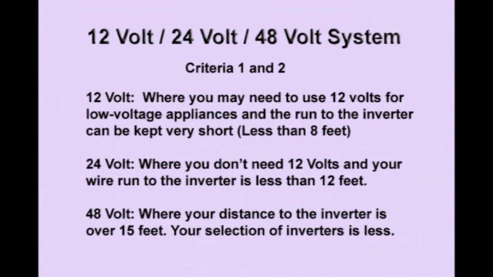Now if you go to a 24-volt battery system, which is a good place to be, that's because you don't need 12 volts in the house for anything, and your wire run to the inverter is going to be maybe 12 feet, 15 feet max. Or maybe you've got an over 50-foot run from the panels to the batteries. On a 48-volt system, that's where your distance to the inverter is going to be even further, but there is less of a selection of inverters at that 48-volt level.